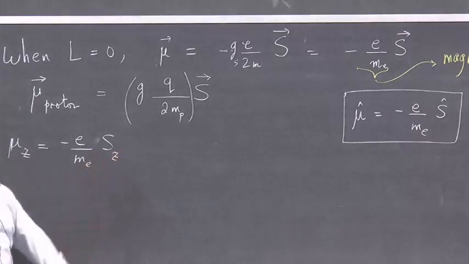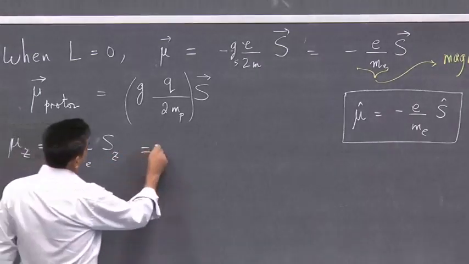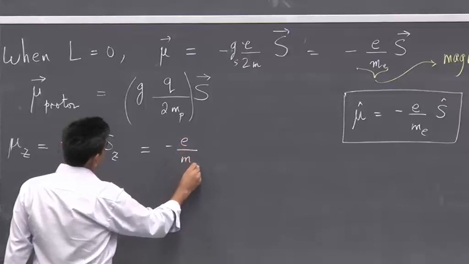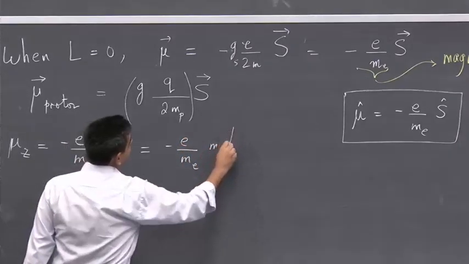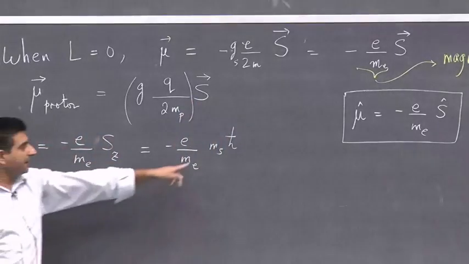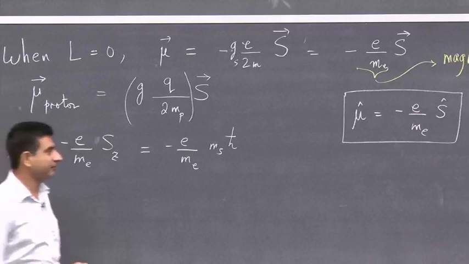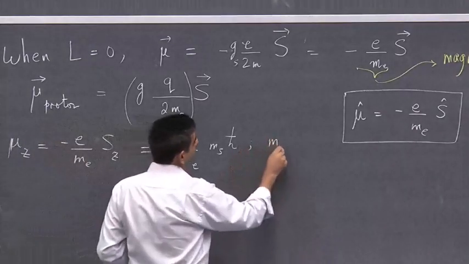Now this z component of the spin is quantized according to quantum mechanics. So you have minus e over m_e times n_s h bar. n_s is the spin quantum number that can take two values, plus half and minus half. The spin is quantized, right?